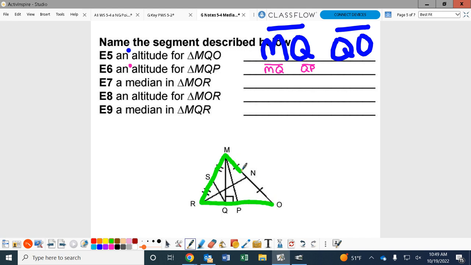So it's this triangle, and I need a median. It's got to go from one of the vertices to the opposite side, and it's got to cut it in half. What works? It's going to start here, go to the opposite side, and be congruent. So that's going to be RN. RN or NR. Doesn't matter.